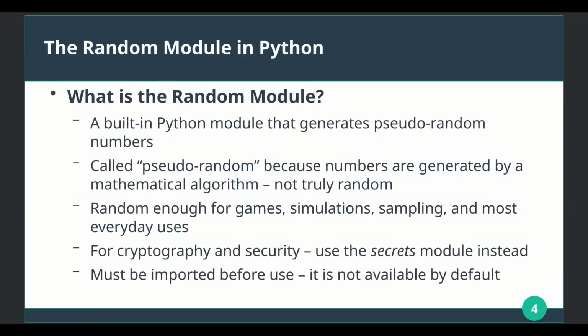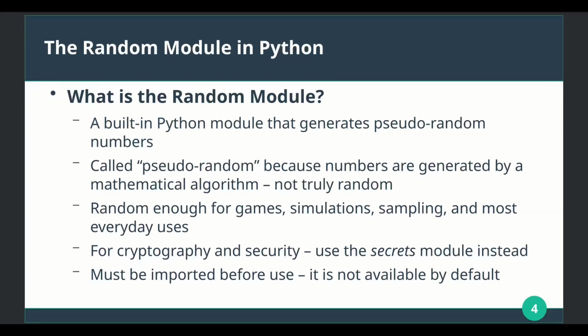The random module is a built-in Python module that generates pseudo-random numbers. These numbers are called pseudo-random because they are generated by a mathematical algorithm, not truly random as you might think. So the random module is good for games, simulation, sampling, and most everyday uses.